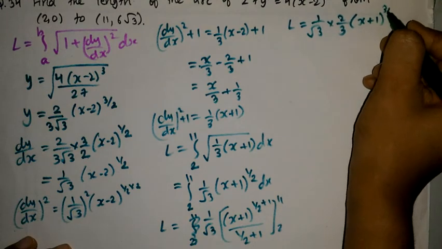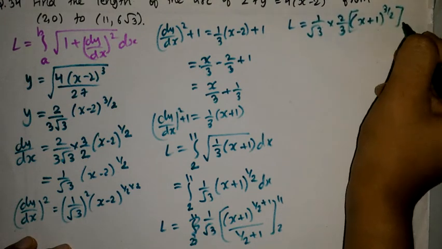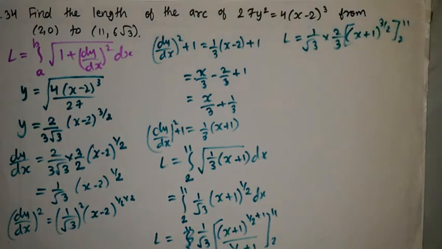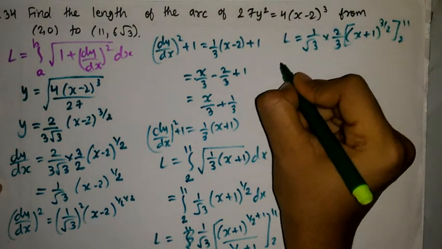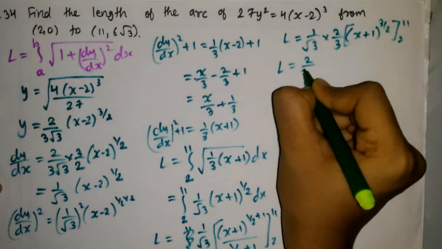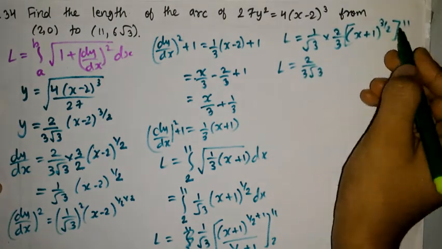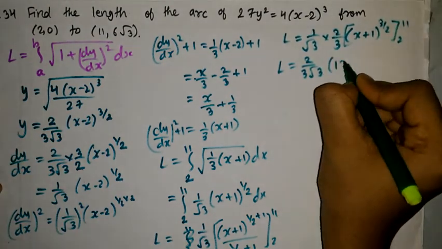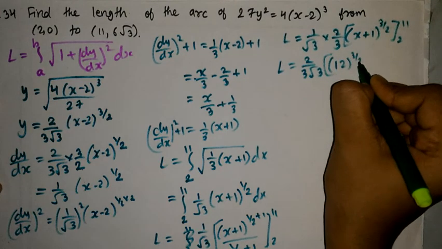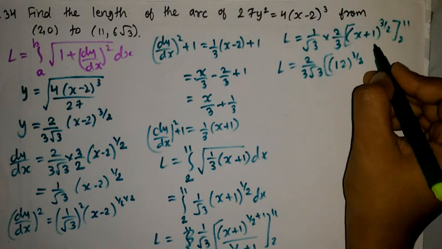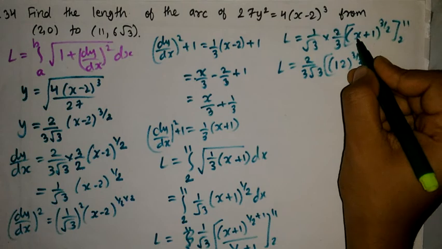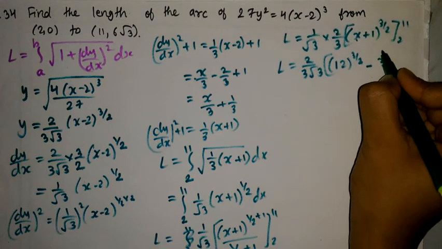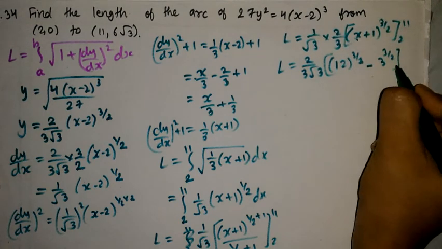Now solve this. We get L is equal to 2 upon 3 root 3. Put the upper limit, so we get 12 raised to 3 by 2, and upper limit minus lower limit, we put 2 and get 3 raised to 3 by 2.